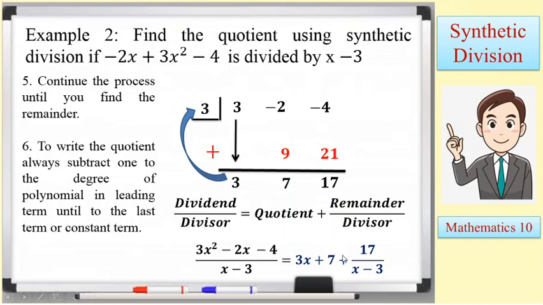Kung ang remainder ninyo ay negative, so ang gagawin natin ay for example ay 3x plus 7 plus negative 17 over x minus 3. Hindi kasi natin pwedeng palitan na minus ito yung operation natin. Dapat ay mag-i-stay siyang plus at yung negative 17 ay mag-i-stay na negative 17 sa ating final answer. Hindi siya pwedeng maging minus. Okay?